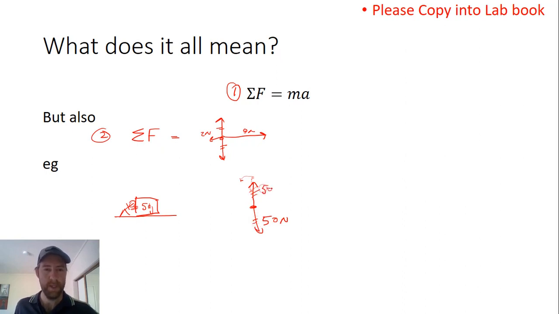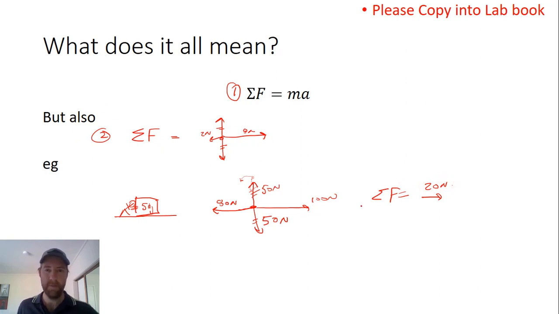This is also 50, and let's pretend this is 100 newtons, and this is 80 newtons. Okay, I can find the net force from this. I can find the net force because these cancel out. I've got 80 backwards and I've got altogether 20 this way.